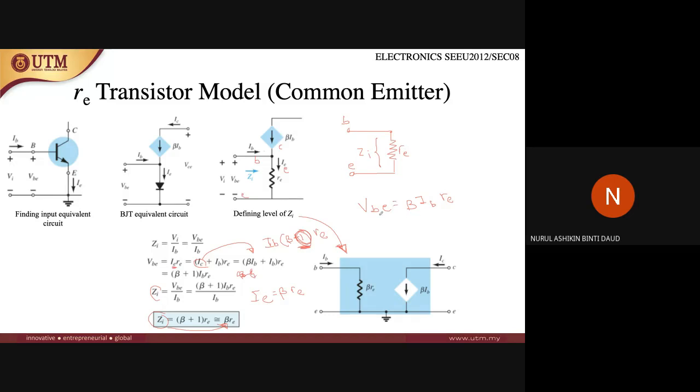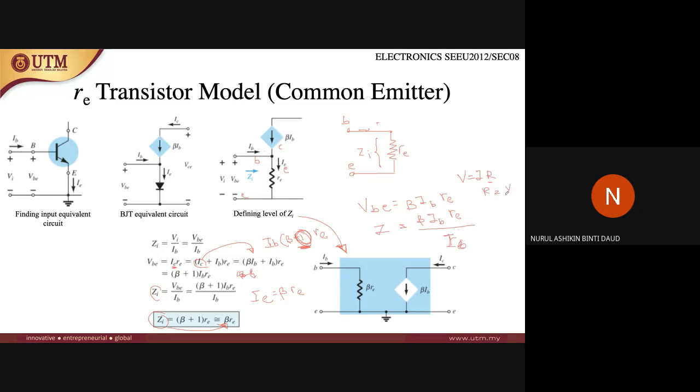Since we already know VBE is beta IB RE, to find the impedance we can use Ohm's law, V equals IR. So to find the impedance Z, it is V over I. V is VBE, since here is VBE. So beta IB RE, because this is the value of VBE, over IB, because IB flows here.